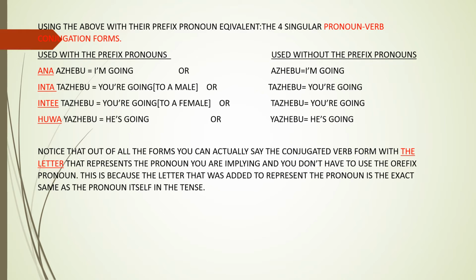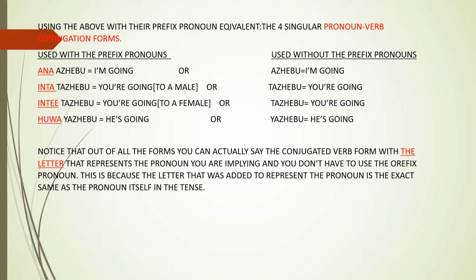But if you are still developing your Nawapic mind and you still have an English mind and need all of the words in order to mentally picture what you're saying, then it's okay if you still use the prefix pronouns. So the first prefix pronoun is ana, which is I or I am. You can say before the word going, ana azhibu, and this means I'm going.